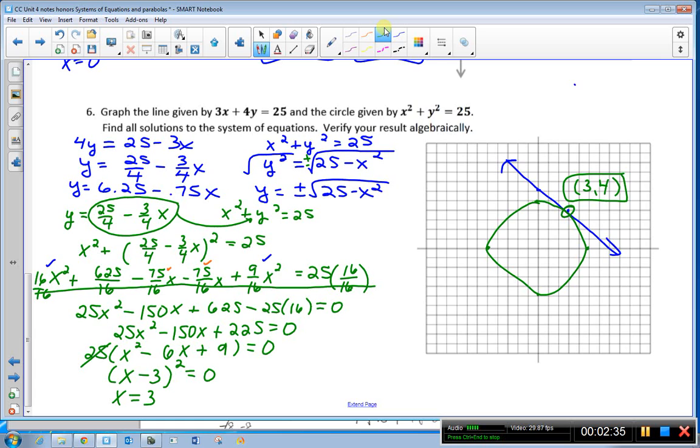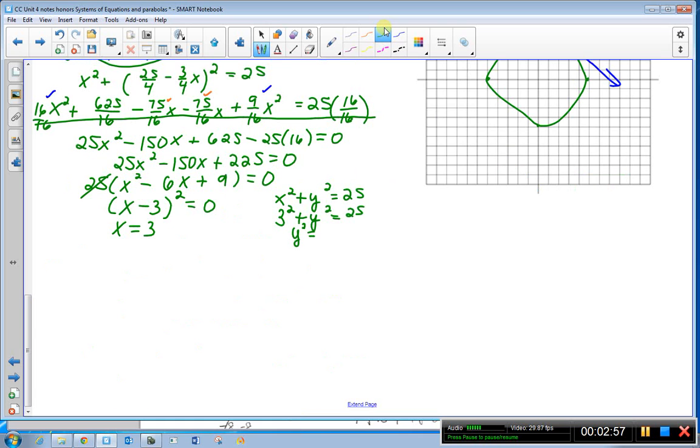Then if you substitute that back into x squared plus y squared equals 25, you'd get 3 squared plus y squared equals 25. You'd get y squared is equal to 16.